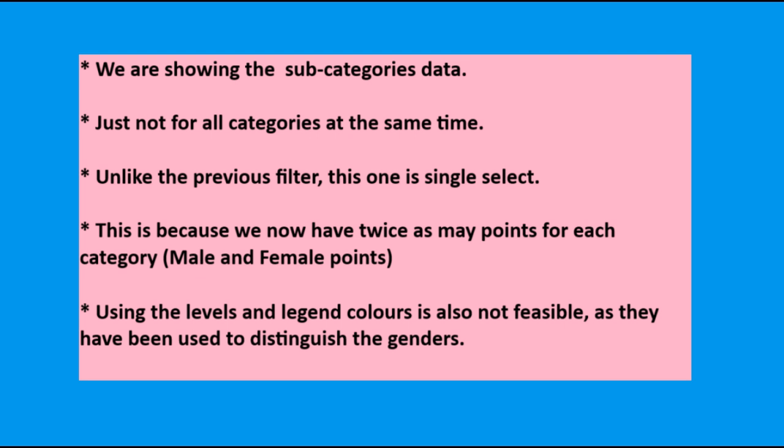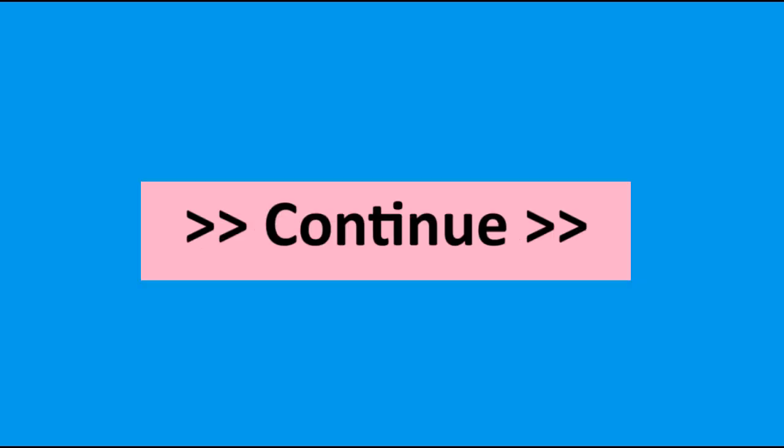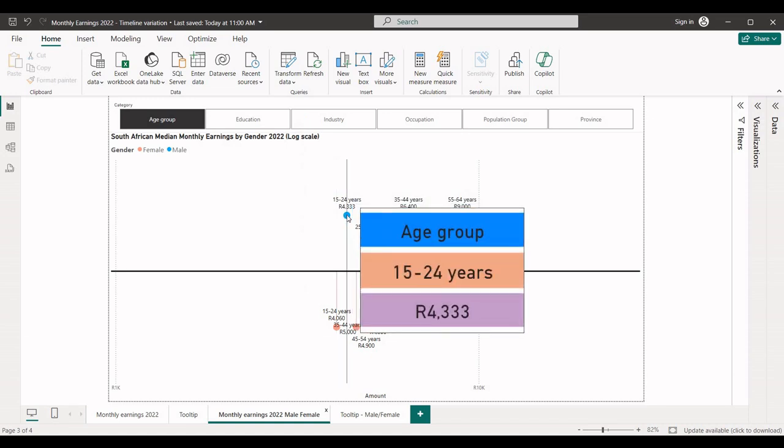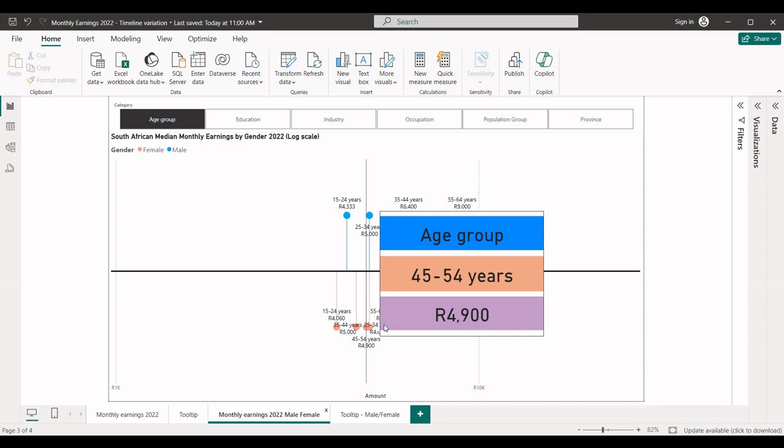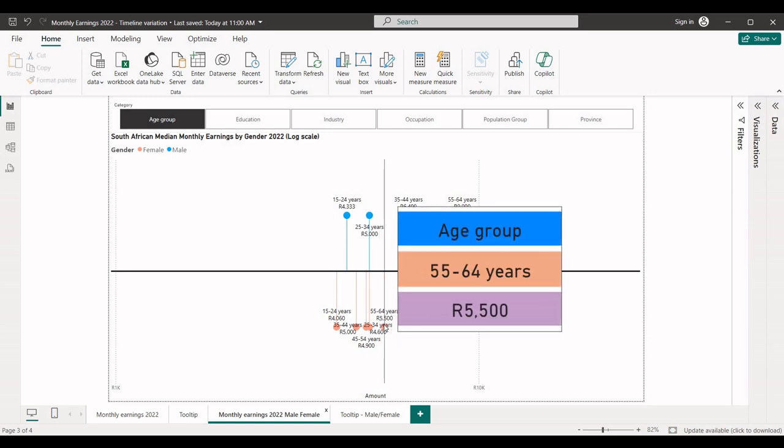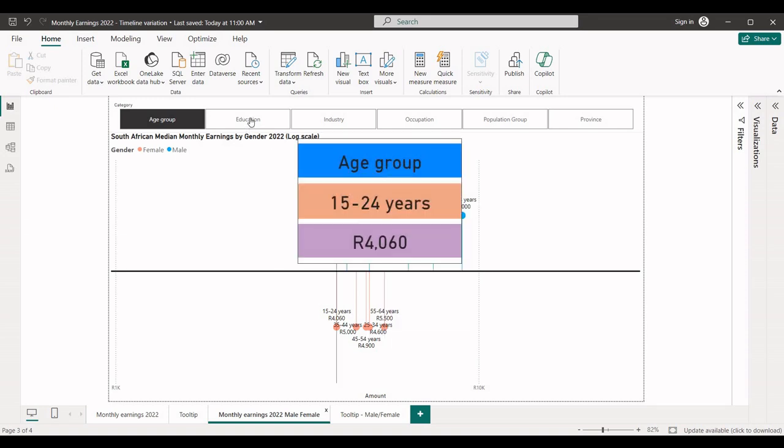We've used the colors blue and pink for male and female, and we've also used the levels, so above the line for male and below the line for female. At the top here in blue we have the males, and at the bottom in pink or salmon, we have the females.